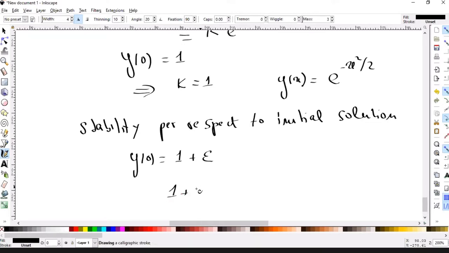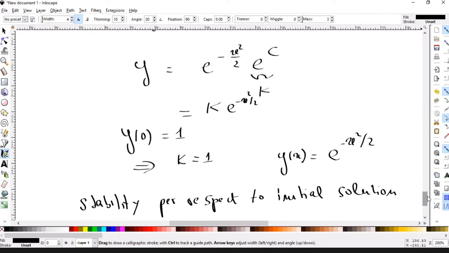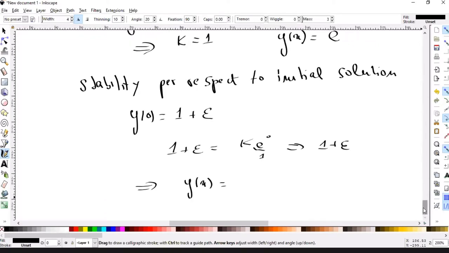change the initial solution. So now if you change the initial solution, so y of 0 is equal to 1 plus epsilon, so 1 plus epsilon is equal to, in this case, k, all right? So it's k exponential minus 0, so 1. So k is equal to 1 plus epsilon. So in this case, the solution when the initial solution is changed by epsilon is 1 plus epsilon exponential minus x squared over 2.